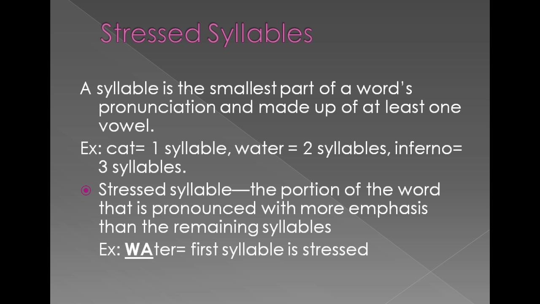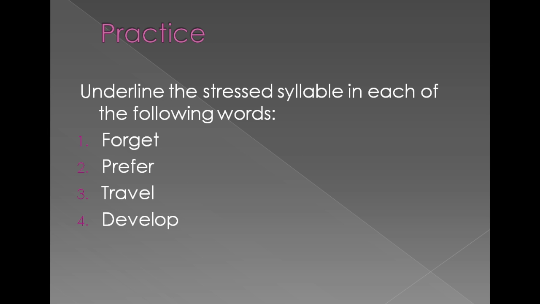So wa is the stressed syllable in water. In inferno, fer gets more emphasis. It's said just a little bit harder than the rest of the word. So fer, the second syllable, is the stressed syllable in inferno. You need to know stressed syllables because they feature in the doubling rules.